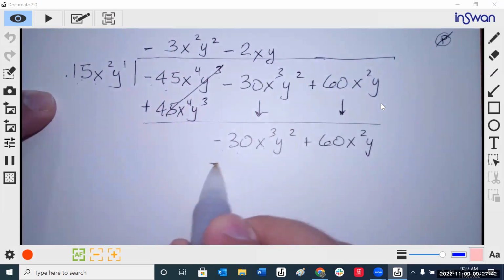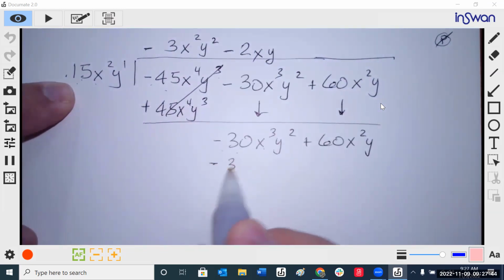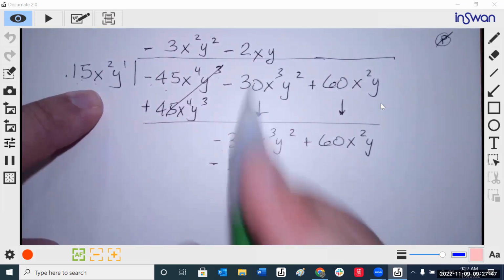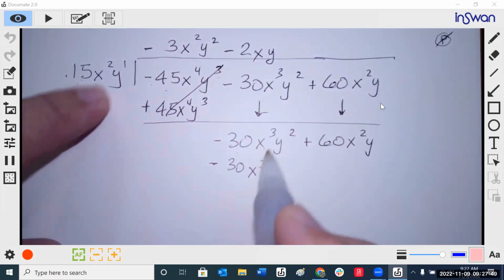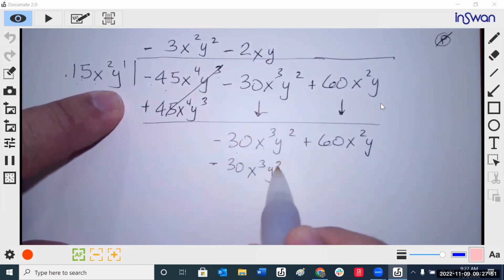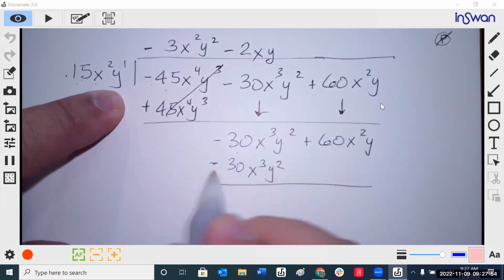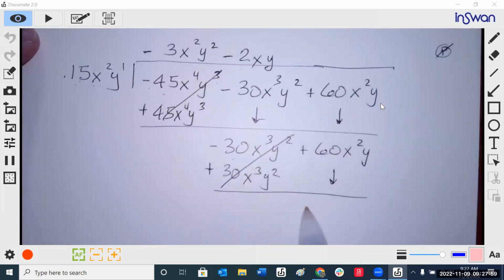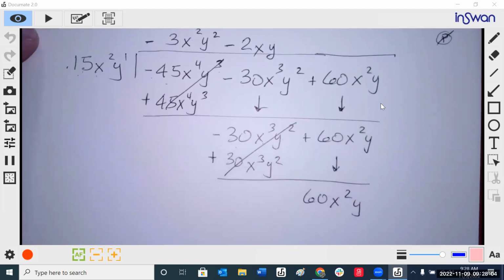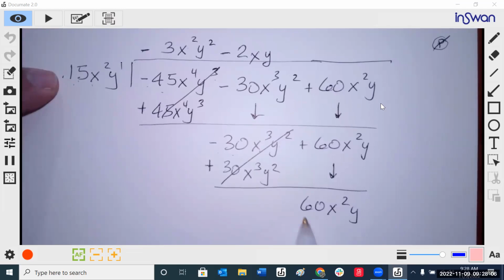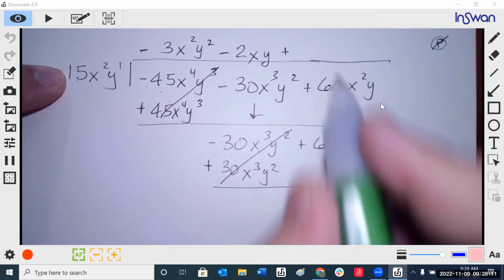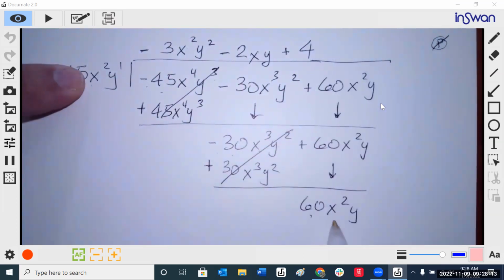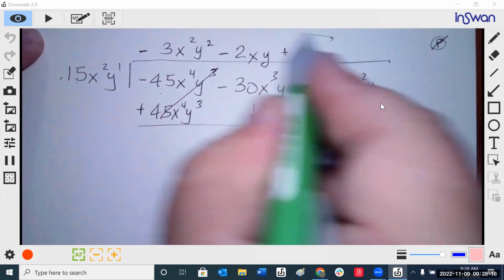Negative times positive is a negative. 2 times 15 is 30. x squared times x is x cubed. y times y is y squared. Change the sign and add. Bring down what's left. Positive is a positive. What times 15 is 60? Do we need any more x's? Any more y's? Nope. So there's our answer.